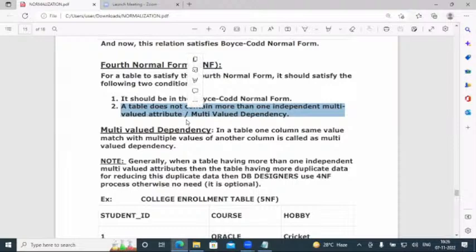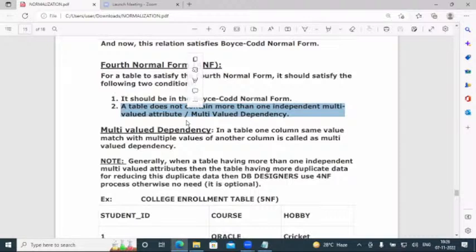Attribute means column. So in this fourth normal form, your table should not contain more than one independent multi-valued column.